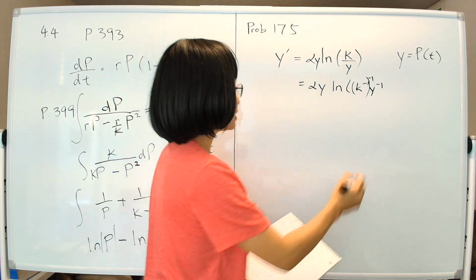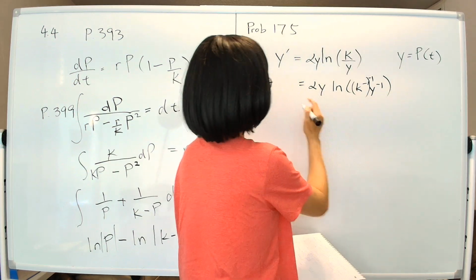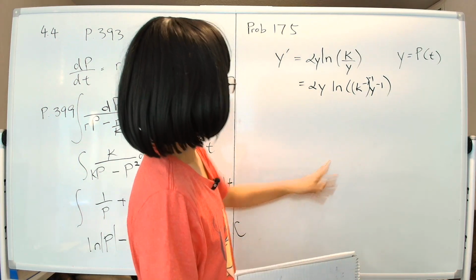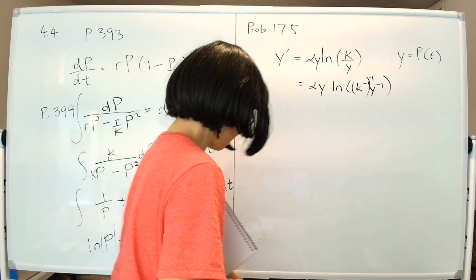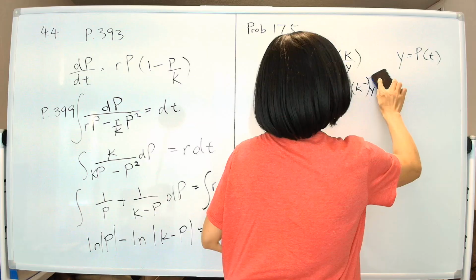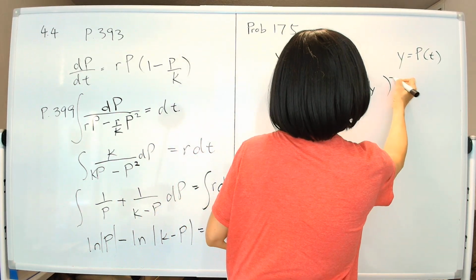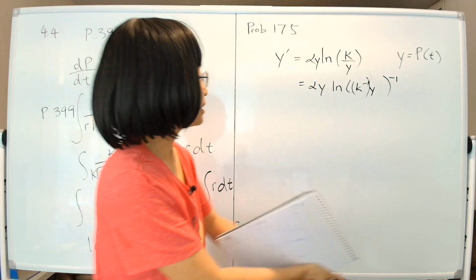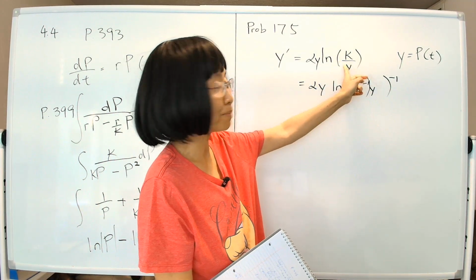What I'm doing here is taking the minus 1 out of there, or maybe that looks a bit confusing. What I mean is this: the negative 1 will be written outside, like this. Then if you multiply back in, that's k, and that's y to the power minus 1.